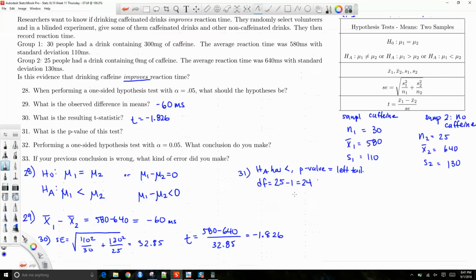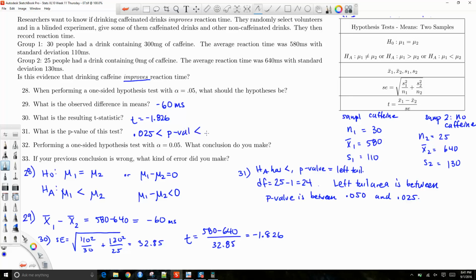Okay, so the left tail area, which is our p-value, is between 0.050 and 0.025. So I'm going to just write 0.025 is less than my p-value, which is less than 0.05.